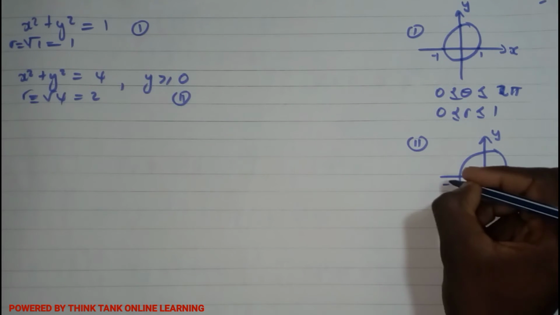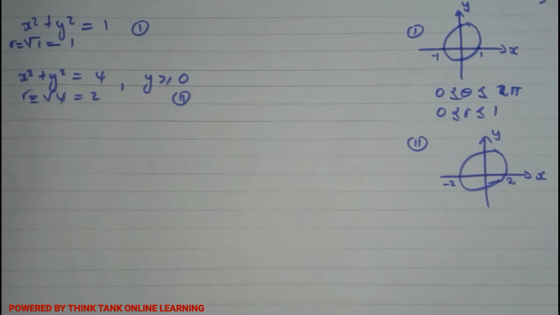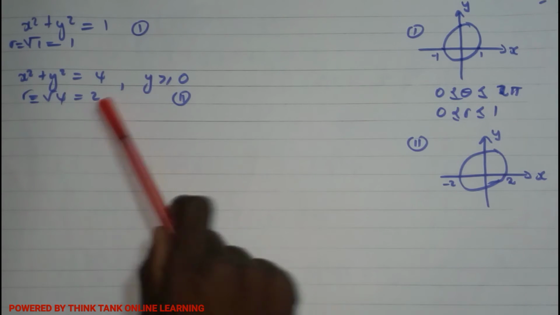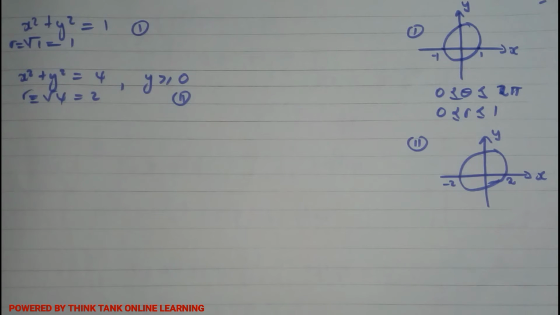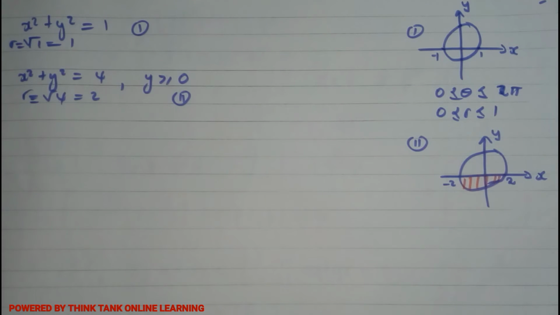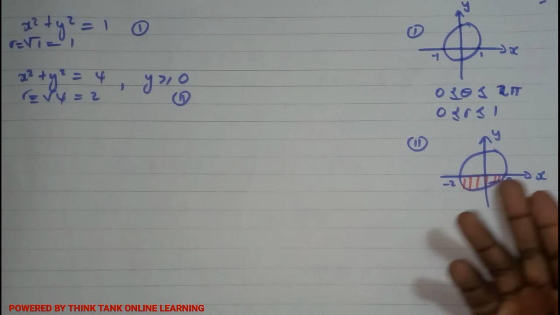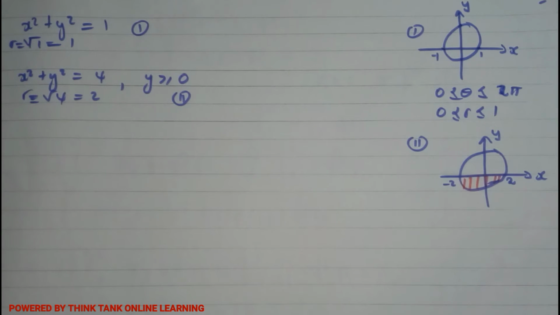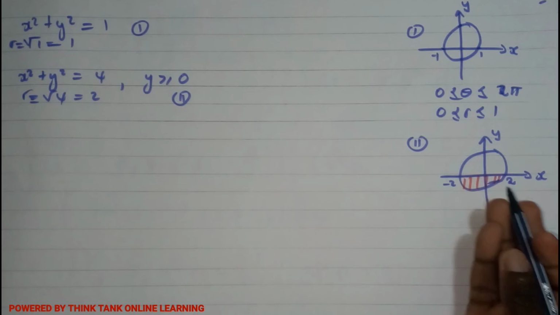I marked -2 here and 2 here. Let's look at the condition y is greater than 0. We don't need the region below, so we are shading the unwanted region. Another way, we could have just drawn a semicircle.